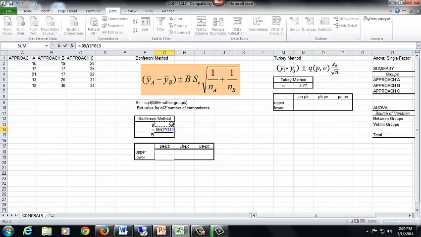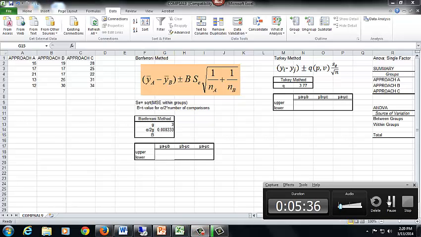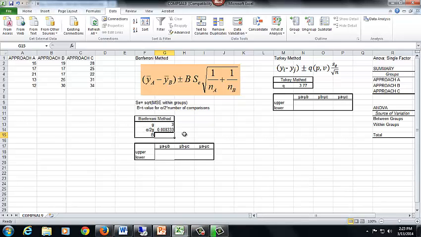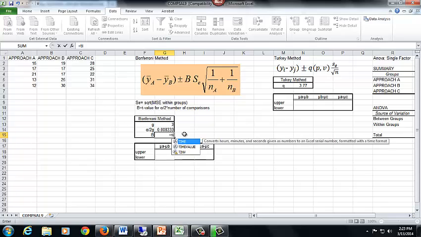I could have just typed in my 3, but I'm lazy, and that gives me a value. And then B is the t value for alpha over 2 times the number of comparisons, where G is going to be my number of comparisons. So B is going to be found using the T.INV.